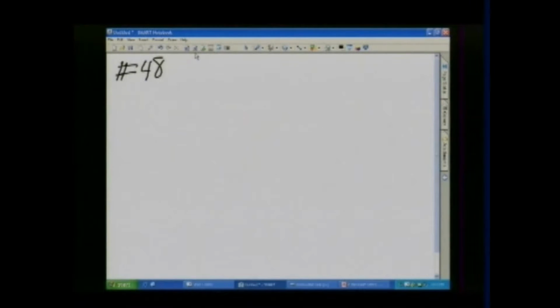And here in number 48, it tells you that the x-intercept is equal to minus 1/2, and the y-intercept is equal to 3/4.